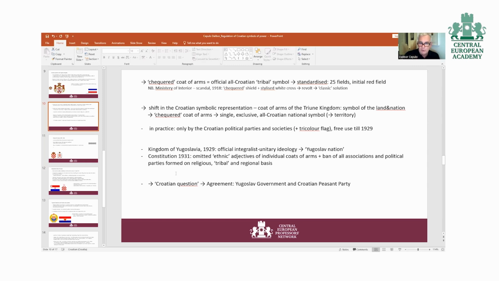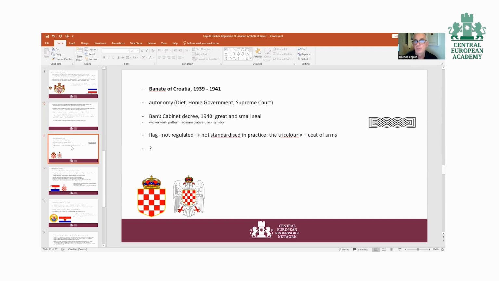The problems between Croats and Serbs bore the Croatian problem that was resolved by the Croatian-Serbian agreement between the Yugoslav government and the Croatian Peasant Party, upon which the autonomous Banovina of Croatia, with extensive autonomy, was founded, with its own home government.